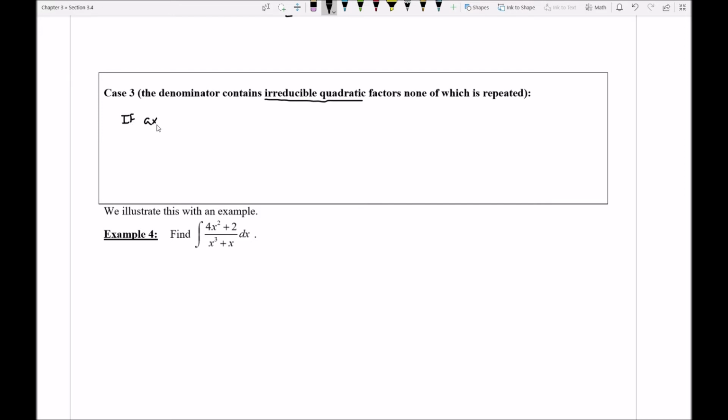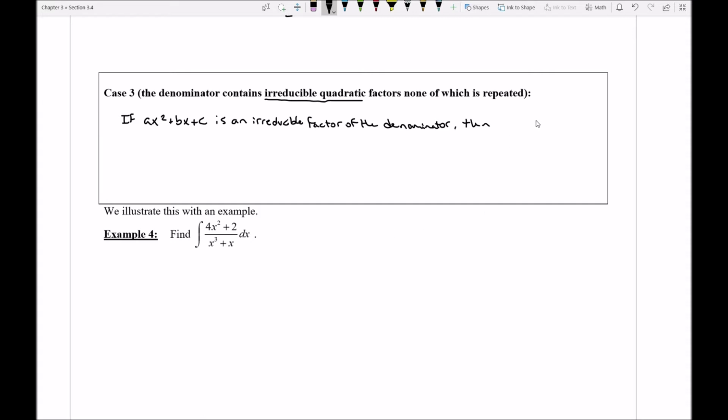if ax squared plus bx plus c, that's a quadratic, is an irreducible factor of the denominator, then what fractions can I create from this?